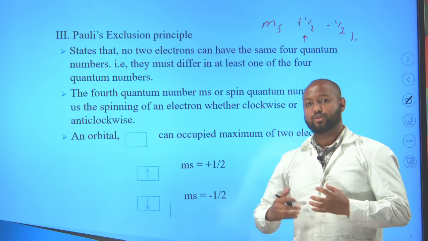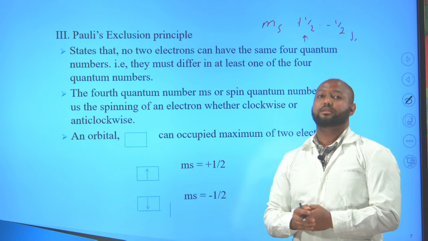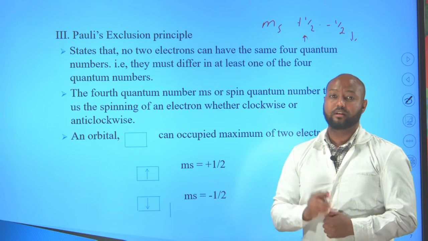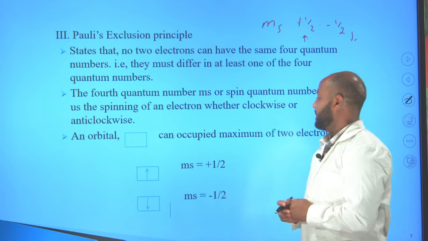Generally, you can say no 2 electrons can have the same 4 quantum numbers. At least they must differ in their spin quantum number.